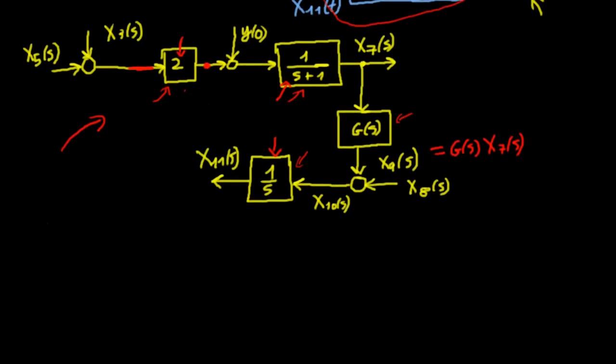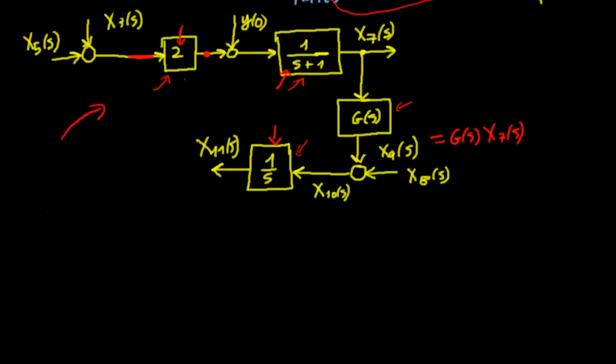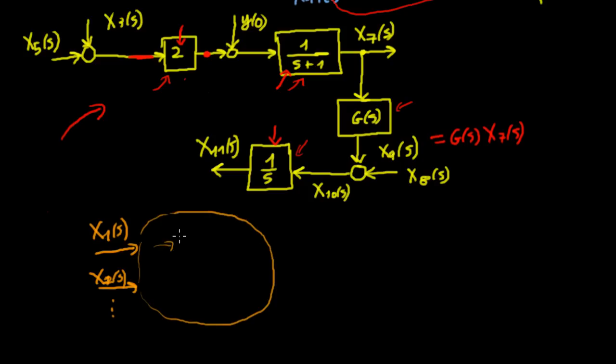Another very nice property of block diagrams is that we can analyze independently the effect of each input in each output. So, for example, in a diagram with several inputs, x1, x2 of s, well, we could have here many interconnections. I won't draw all of them.